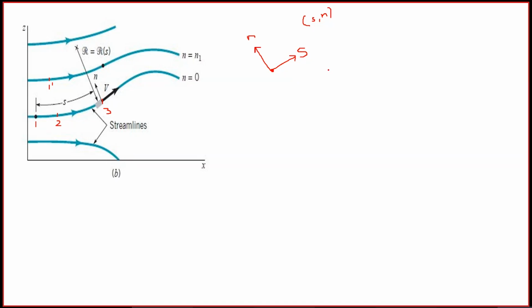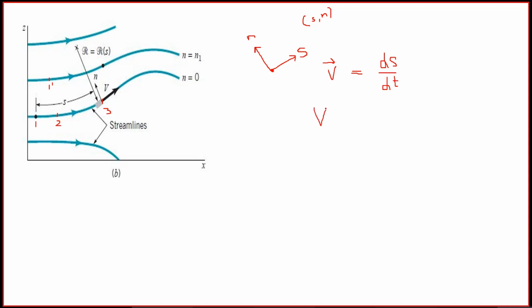So if we define velocity as change in position, that is the distance traveled along the streamline, right? Velocity is distance traveled along the streamline. So velocity would be equal to ds by dt, where s is the distance traveled along the streamline.